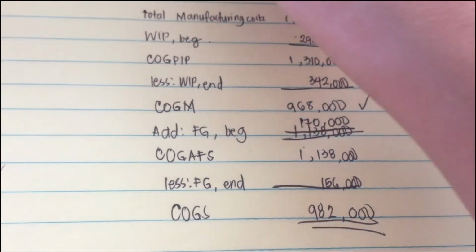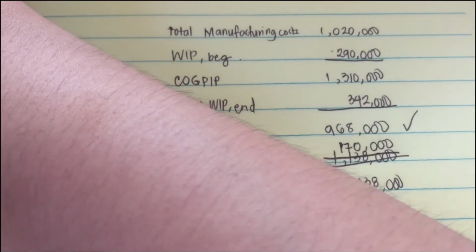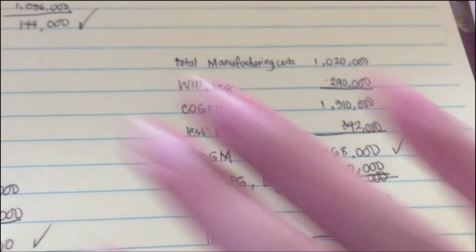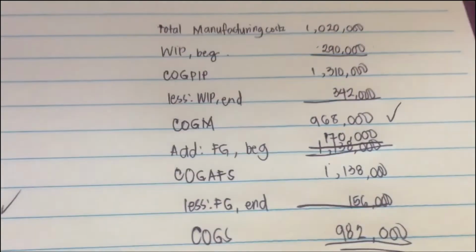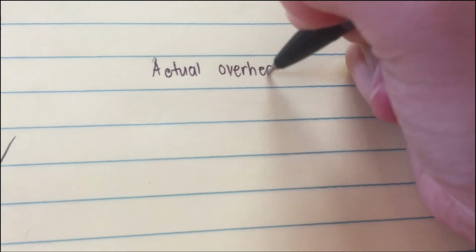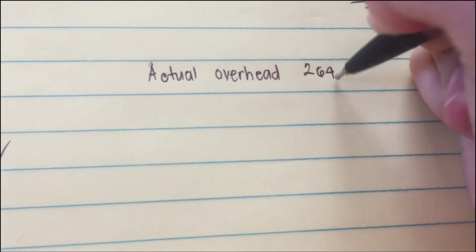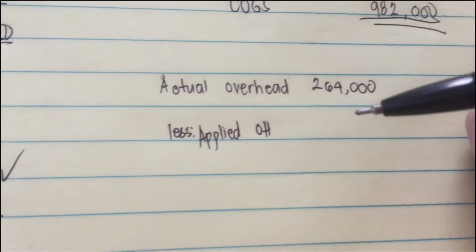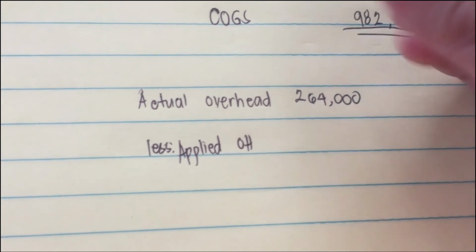Then, for our over and under applied overhead, it says the actual overhead is how much? 264. So, we start with actual, 264,000, less applied overhead. How much did we apply? 280.